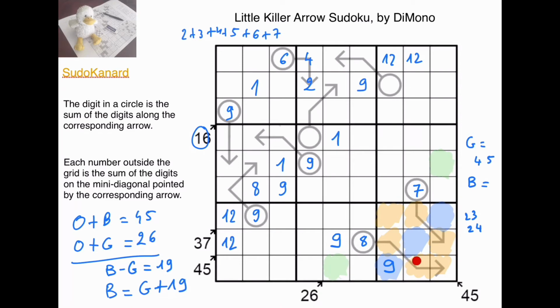So we have 15 here and 30 here, so this is 6 or 7. And the missing digit is here. So this is 6 or 8, this is 6, 7 or 8. And there is a 7 among those cells.